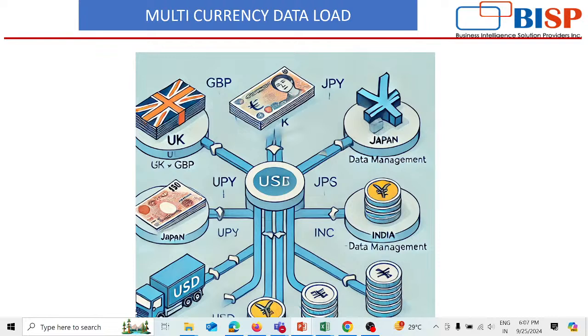And here you can see USD is in the center. This is where the reporting would take place. This is the reporting currency, but the travel agency is getting data from Japan, UK, India, coming in different currencies.